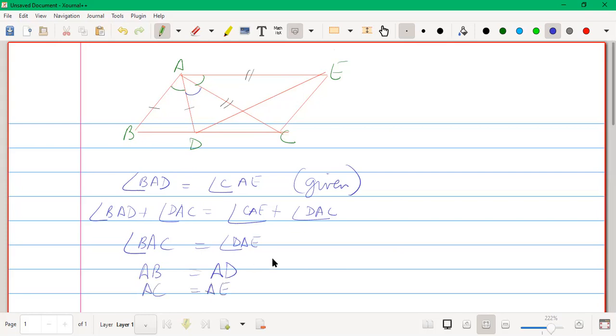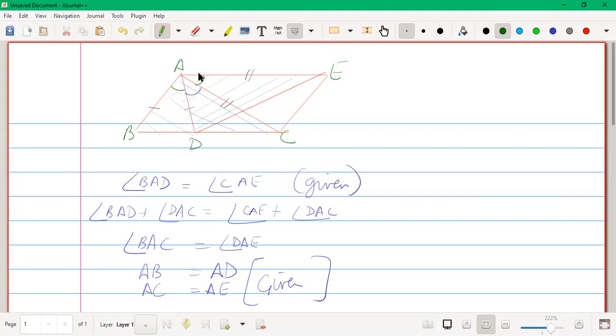All this is given. So what does this mean? Now we see one angle, this angle, so triangle BAC is congruent to triangle DAE, right? That means this triangle is congruent to this triangle. You can see that. Yes, ma'am, because of these criteria.